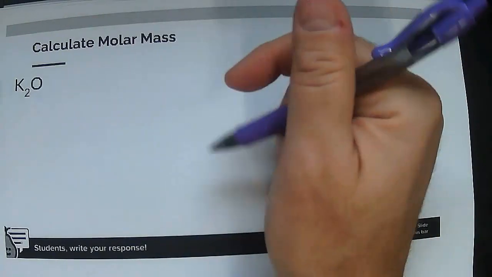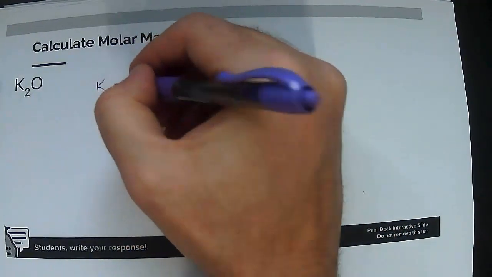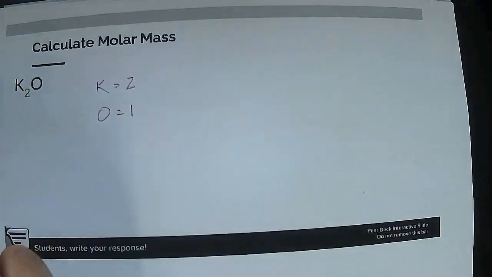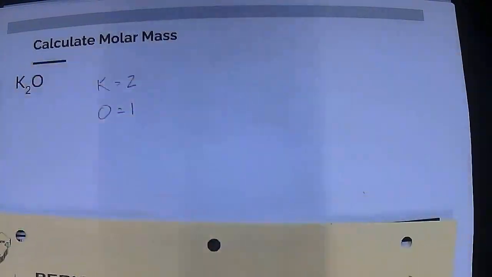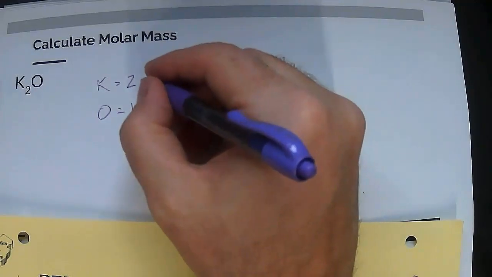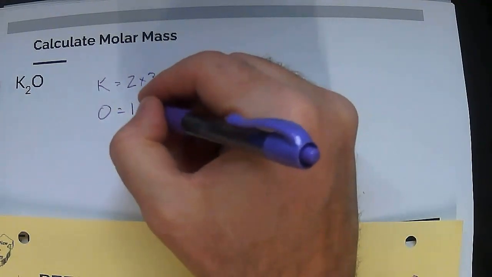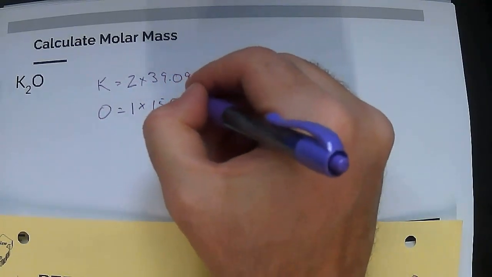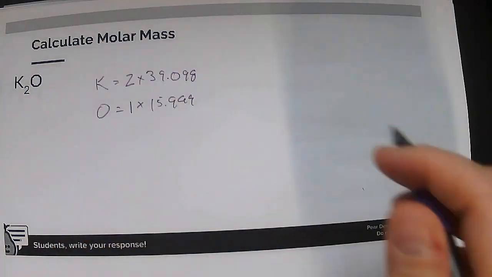Same thing. K, O, we have 2 Ks and 1 O. And so now let's figure out what the mass of K is. K is right here. So we get 39.098 and 15.999. Look, we've done 3 problems, and all 3 of these problems have an oxygen in them.